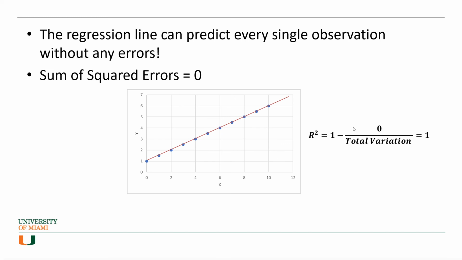And therefore, if you plug into the formula of the R squared, the SSE here in the numerator is going to be 0. So 0 divided by whatever the variation is going to be 0. And then 1 minus 0 is going to be 1. Here you have an R squared which is equal to 1 or 100%, meaning that you have a regression line that can explain without any errors the final outcome.